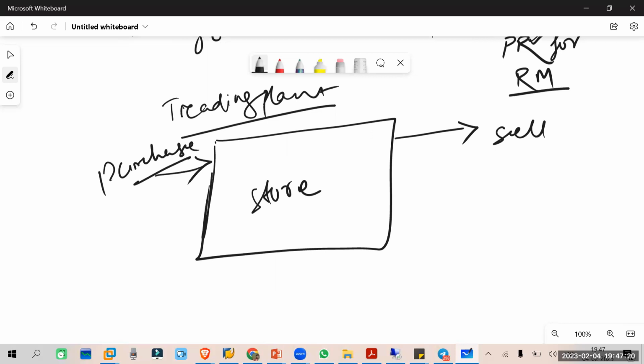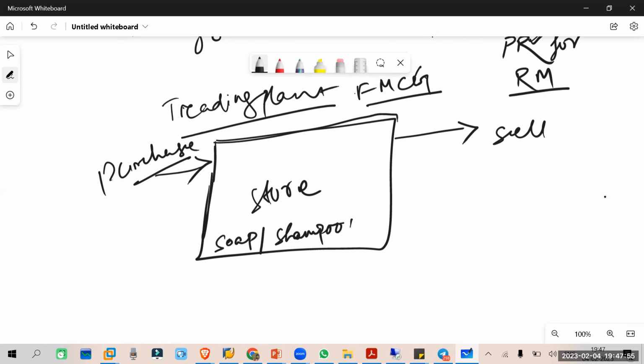So at that point of time, whatever we have discussed in the first scenario applies. For stock purposes, let's take an example: this is a trading company, an FMCG plant, fast moving consumer goods. There will be soaps, shampoos, any kind of daily use items.